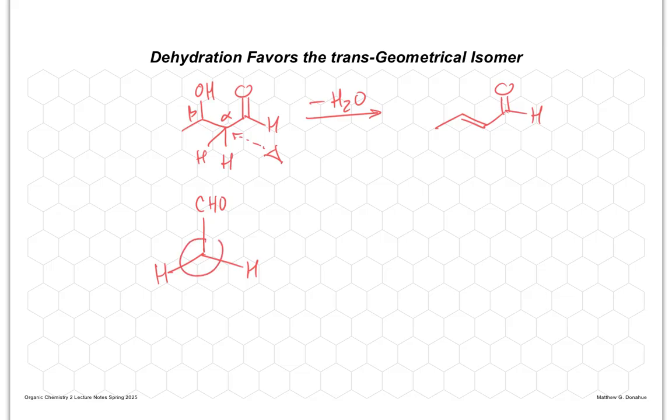So our back carbon is the circle, and then it has say OH, H, and then carbon 4 is the methyl group.